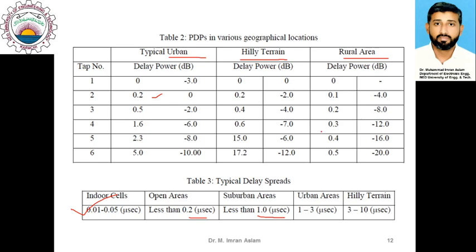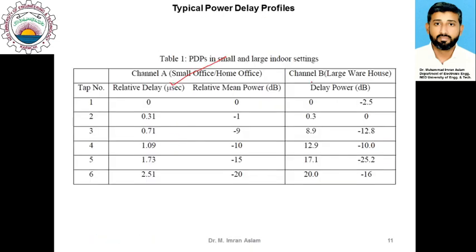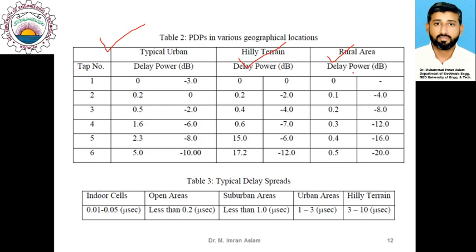For urban areas, it goes to around 1 to 3 microseconds, and for hilly terrain, it's generally 3 to 10 microseconds. I would encourage all students, because sample power delay profiles are given here, and for indoor environments the power delay profiles are given here, to try to calculate the delay spreads for these sample power delay profiles.